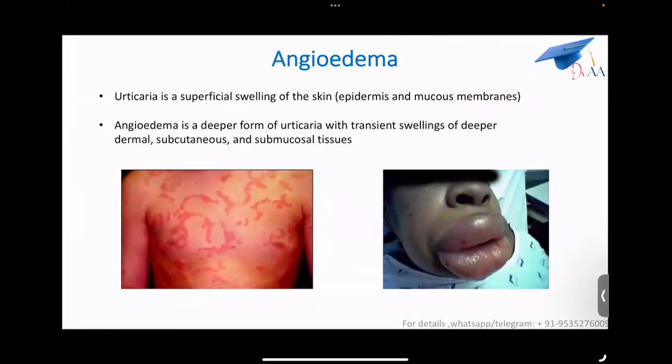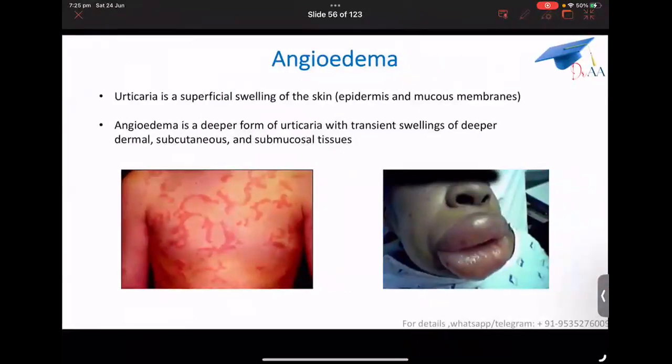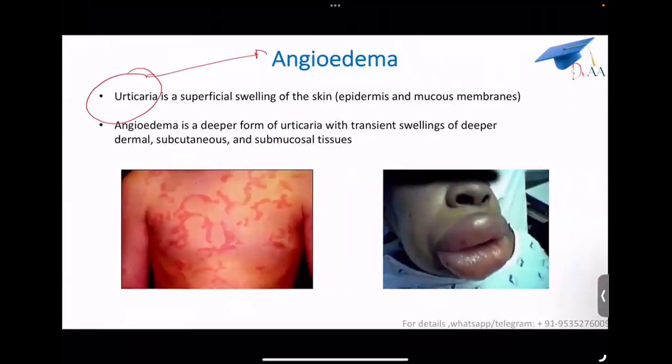Coming to angioedema. Angioedema is nothing but a severe form of urticaria. In urticaria, only the superficial layer of the skin, epidermis, and mucosal membranes are involved. For example, usually urticaria is a raised erythematous rash. You see it like this.